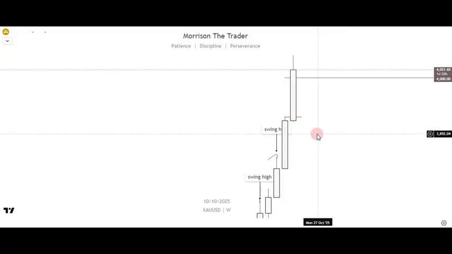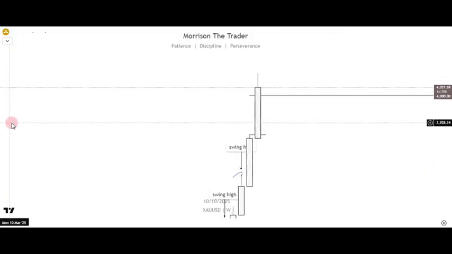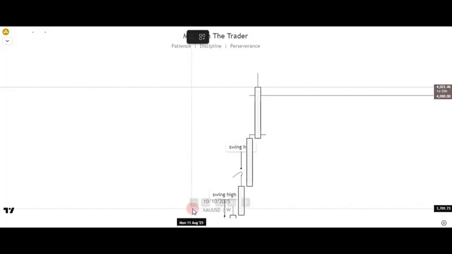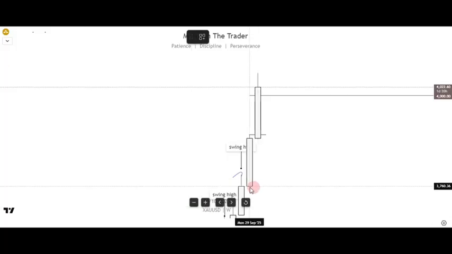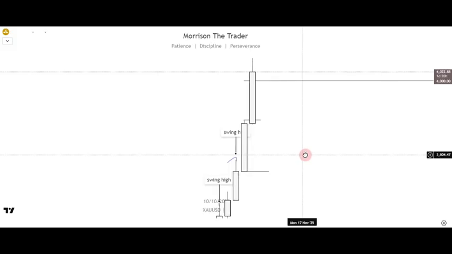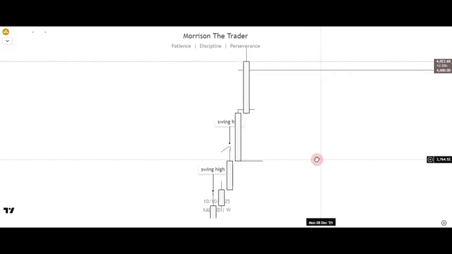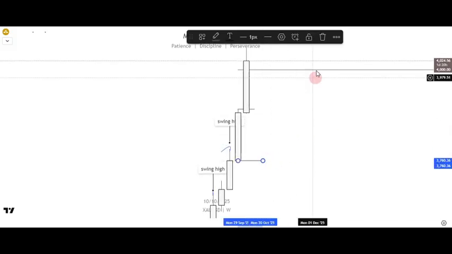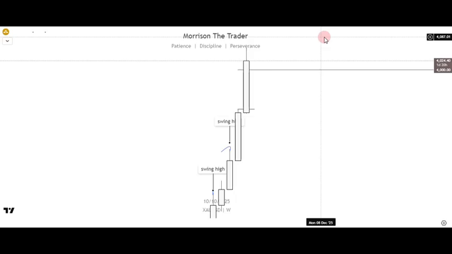An area of liquidity, and then price ran over it. And its low too, which cannot be seen, is also an area of liquidity which can attract price in the future. So what I'm trying to say is that the higher the time frame, the higher the liquidity.